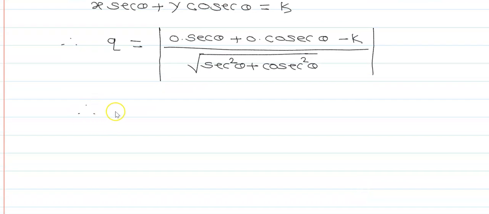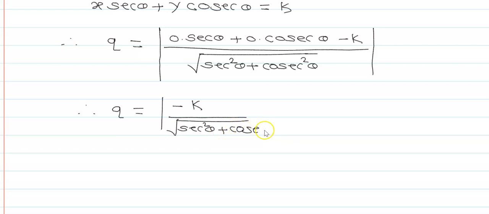Therefore here you will get q is equal to the modulus of minus k upon the square root of sec square theta plus cosec square theta.